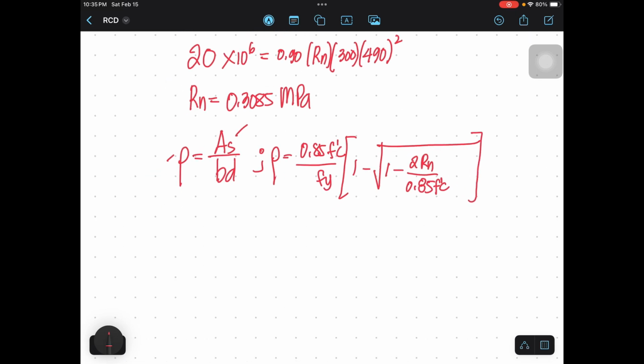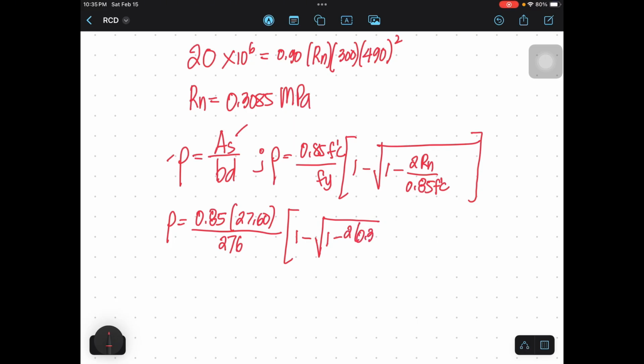Okay, so substitute natin yung steel reinforcement ratio na 0.85 F prime C of 27.60 divided by 276 megapascal, quantity 1 minus the square root of 1 minus 2 times 0.3085 over 85% ng F prime C na 27.6.